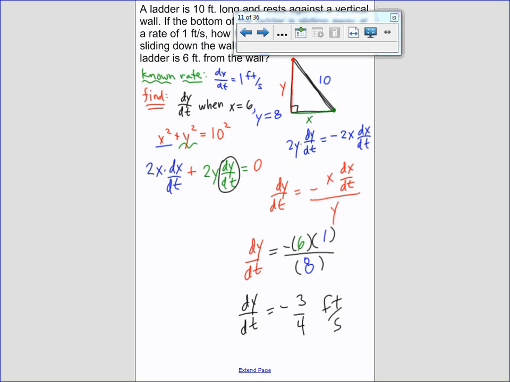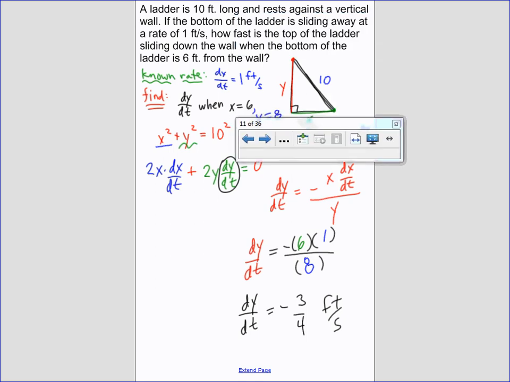What did the problem ask though? How fast is the ladder? So we can make an argument for, yeah, we could say the ladder's sliding down the wall at a speed of 3/4 feet per second, right? But dy/dt itself is negative, and that makes sense because the distance y is decreasing as the base of the ladder slides out from the wall.